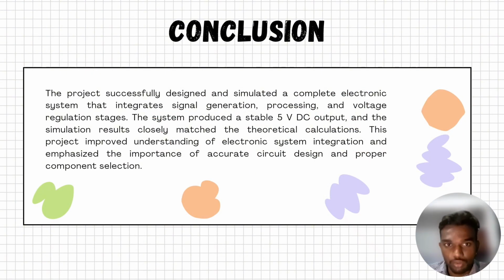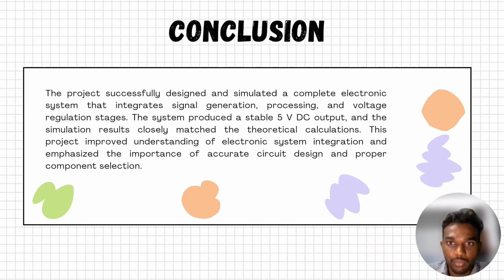Conclusion: This project successfully designed and simulated a complete electronic system that combines signal generation, signal processing, and voltage regulation stages. The system was able to produce a stable 5-volt DC output for the load. From this result, simulation values were very close to the theoretical calculation, showing that the circuit design and component selection were accurate and effective.